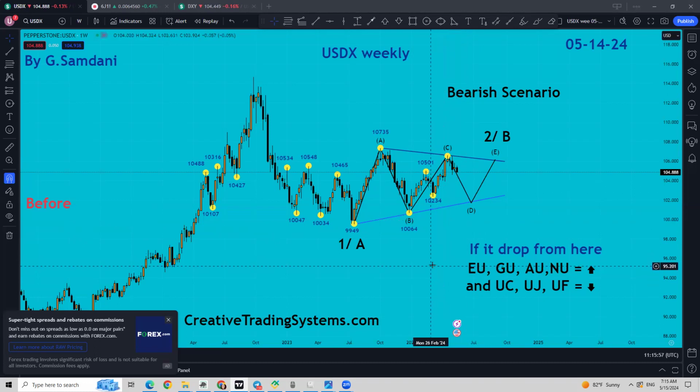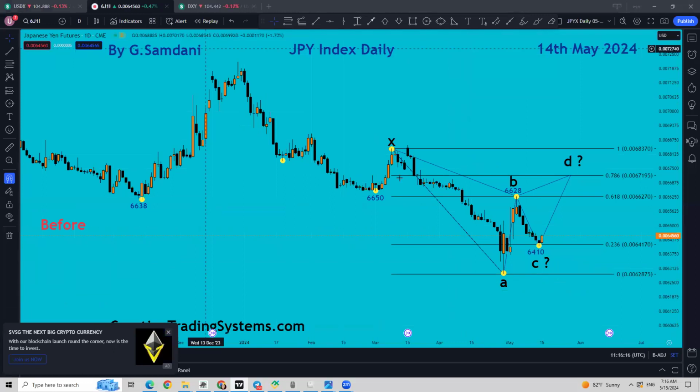Another thing I want to show you is the yen index chart. I made the yen index video a little while ago, a couple of hours ago, with the MT4 platform. This is the other platform, and the chart I have here is just upside down. When I made the chart, this candle was in the making, so I have the chart saved. I'll show that later if it goes my way.